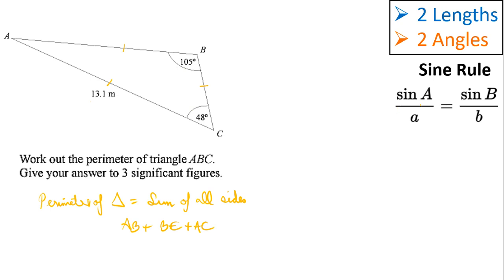So if I'm taking my capital A as 105, then the length right opposite to that is my small a. And if I'm taking my angle 48 degrees as my sine B, then the length right opposite to that is going to be my small b.